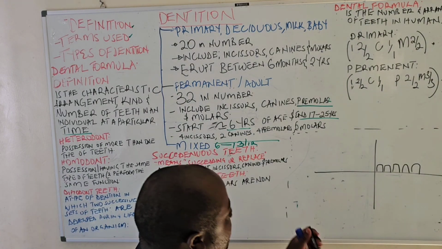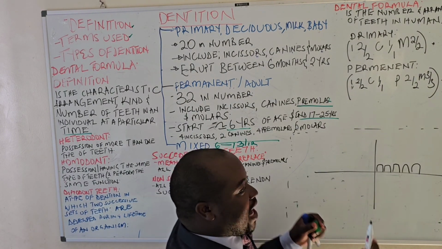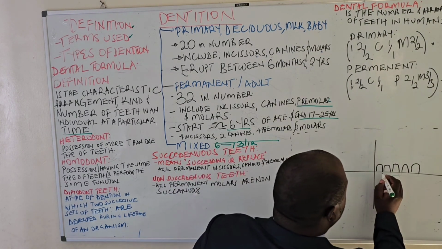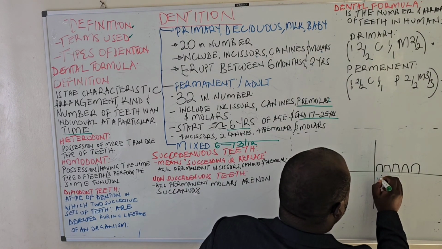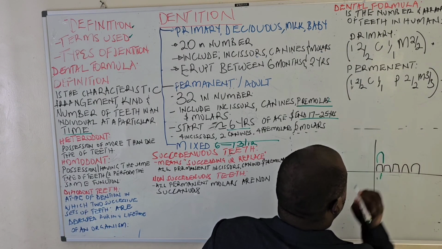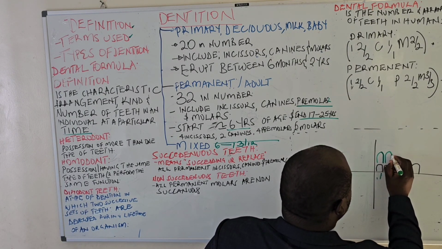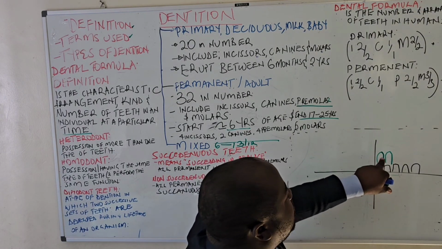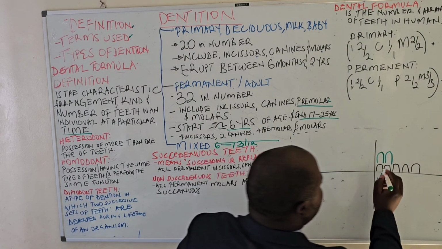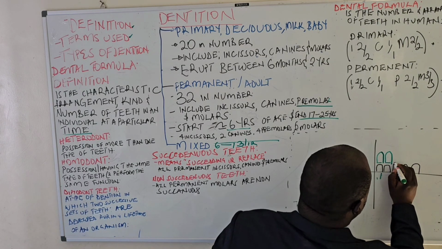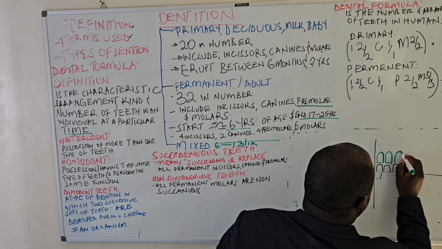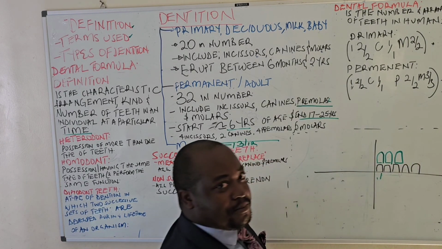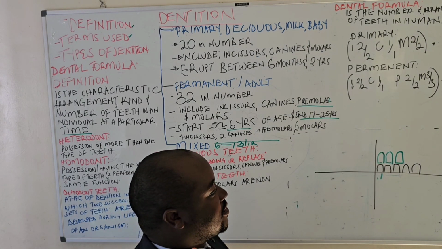As they are being replaced, I replace them with the green. We shall have this one being replaced to form this one, another incisor. The incisors being replaced by permanent incisors. The canine being replaced by the permanent canine. Remember, we didn't have premolars.